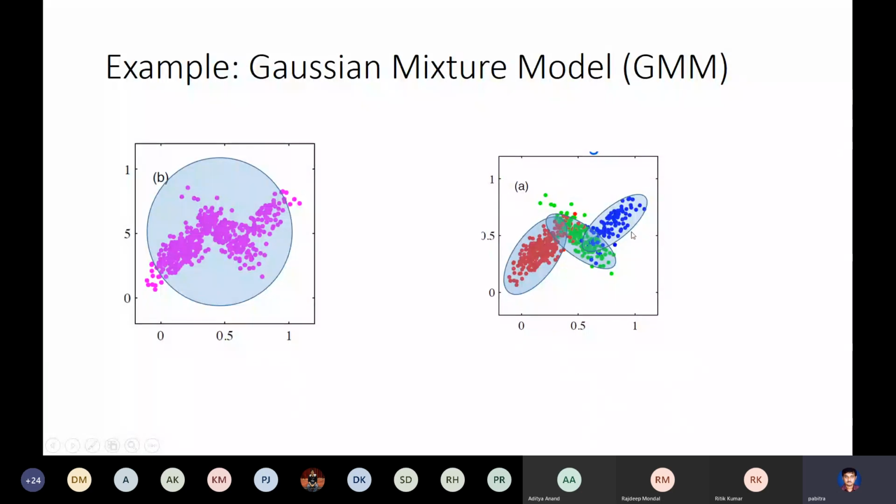So the probability of this point would be this probability weighted by pi 1 plus this probability weighted by pi 2, and maybe a small one from here weighted by pi 3. So we add up these three probabilities with some weights, and you get the probability of that point. So all three Gaussians contribute by varying degree depending on where the point lies.